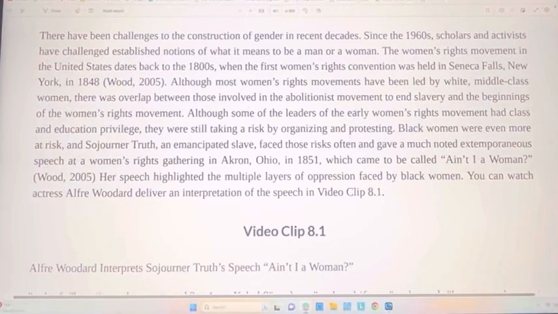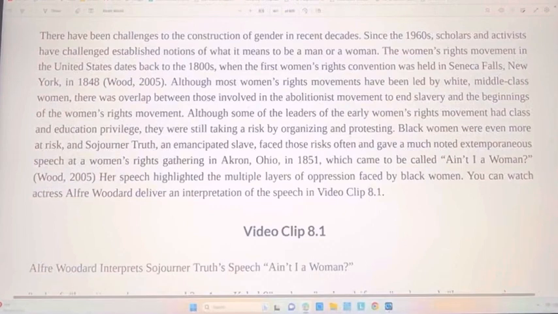Although most women's rights movements have been led by white middle-class women, there was overlap between those involved in the abolitionist movement to end slavery, and that word, abolitionist, is rooted in the root there, abolish, to end slavery, and the beginnings of the women's rights movement.